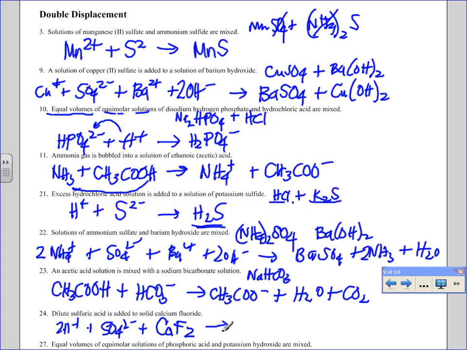So in this double displacement reaction, the hydrogen from the acid is going to combine with the fluorine, and the calcium is going to combine with the sulfate. Okay. Calcium sulfate is not soluble, so it's a precipitate. Okay. And then the HF that's formed here, hydrofluoric acid, is a weak acid, so it also does not dissociate.